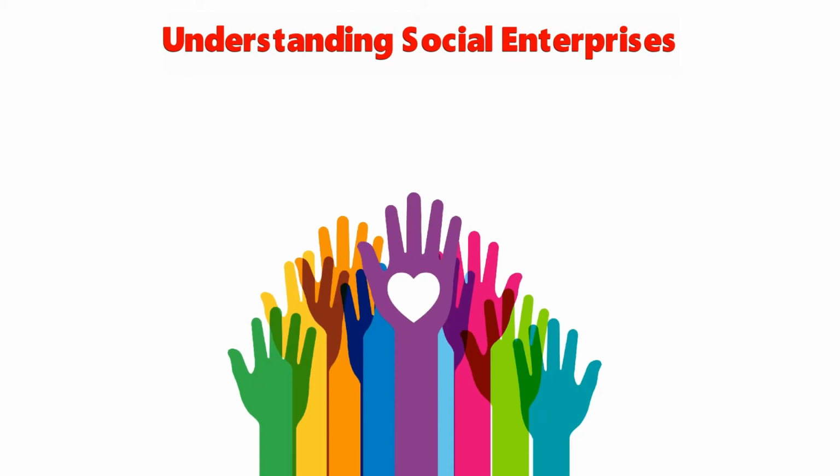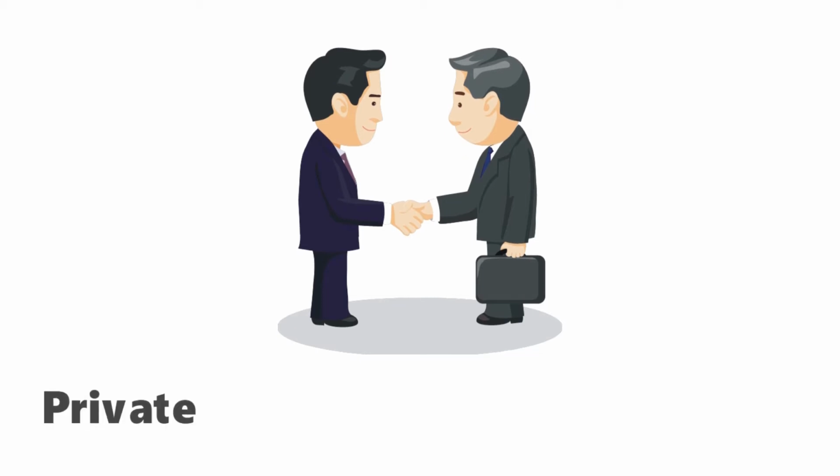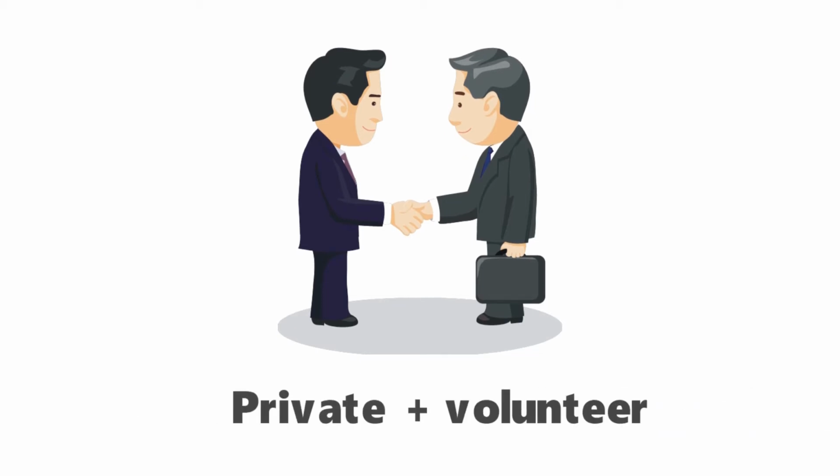Understanding social enterprises. The concept of a social enterprise was developed in the UK in the late 1970s to counter the traditional commercial enterprise. Social enterprises exist at the intersection of the private and volunteer sectors.